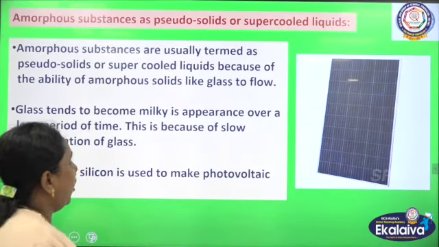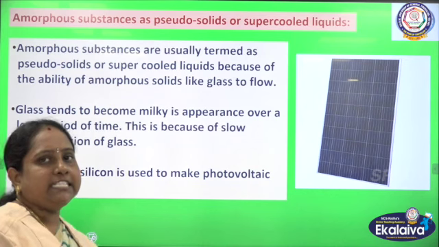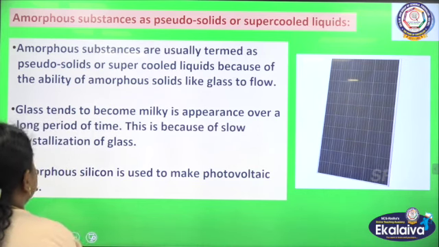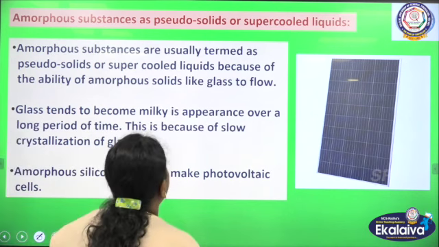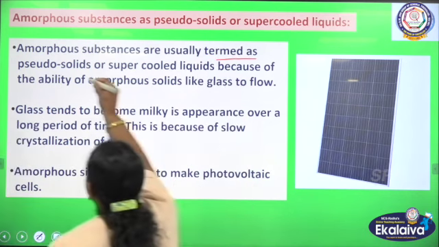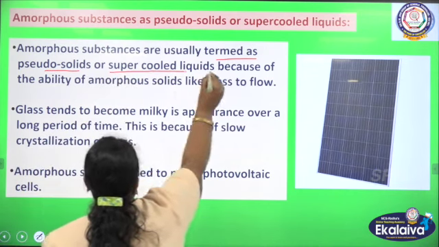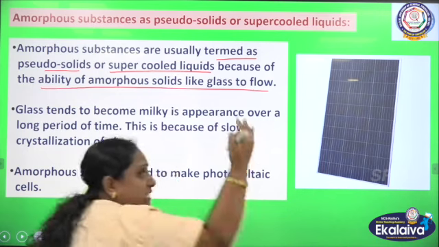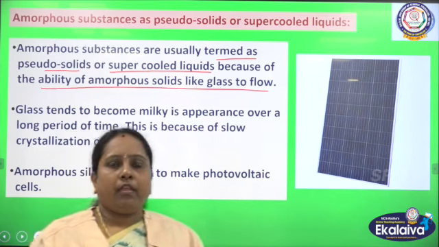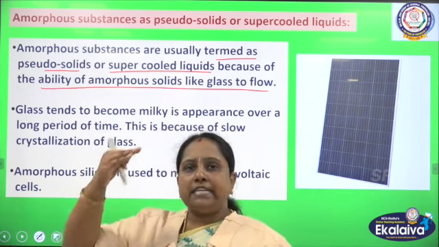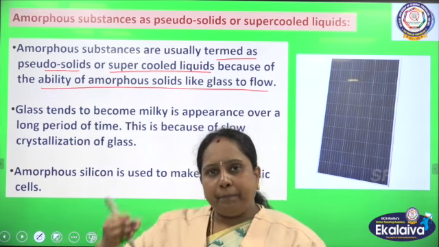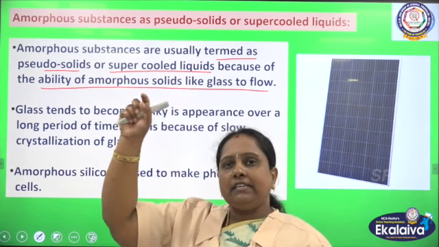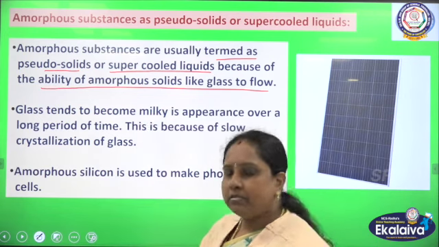Now, let us come to the point why amorphous solids are called pseudosolids or supercooled liquids. Amorphous substances are usually termed pseudosolids or supercooled liquids because of the ability, like glass, to flow. Like glass, these amorphous solids will start melting and get thicker over the bottom and thinner over the top, right?